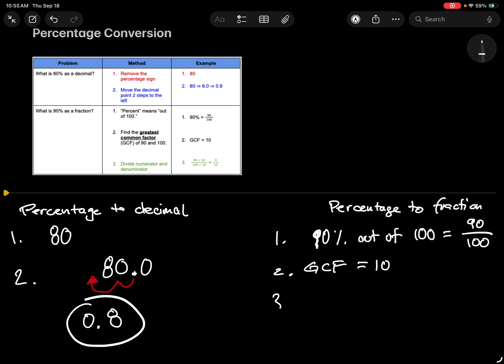And then the third step is we're simply going to divide both our numerator and our denominator by 10. And so then we get 9 over 10, and that is it. That is our percentage as a fraction. There we go.